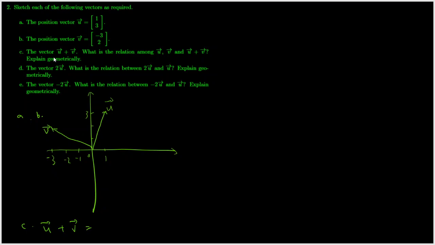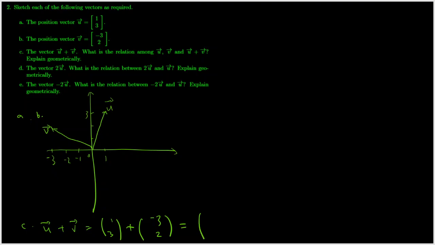It's the vector with two components. So now let me copy the vectors. u plus v: u is the vector with two components of 1, 3, and v, you cannot write one side using round bracket and the other side using square. v is the vector with two components, -3 and 2.